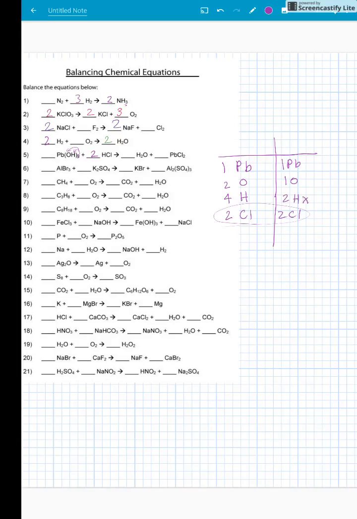So let's multiply this one by 2 to get this 4. So now we have 4. Okay, we multiply this one by 2. Because we multiplied that by 2, we also changed the O. So now we have 2 O's. Now these match, these match, these match. Check. 2, 2. That's all we needed.